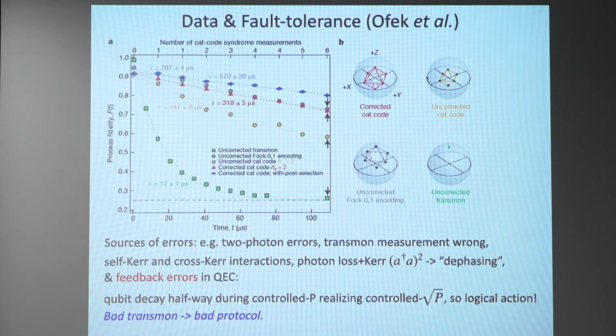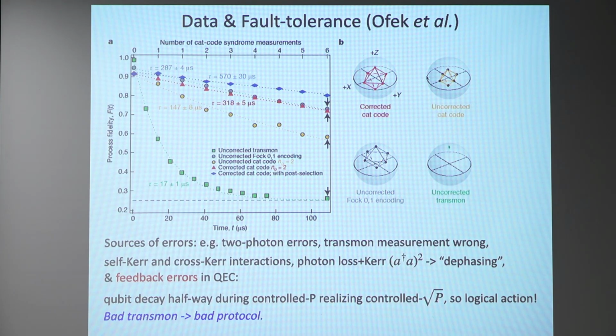Indeed, in this setup, they actually don't measure that often. They could be measuring more often. The protocol to do this controlled P takes about one microsecond, maximum 2 microseconds.